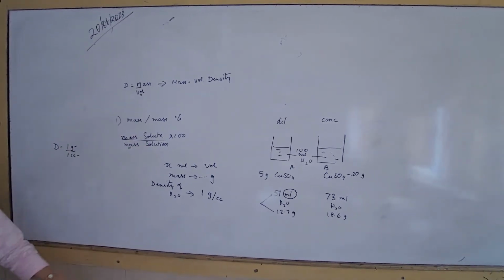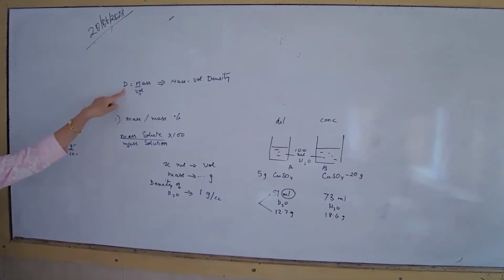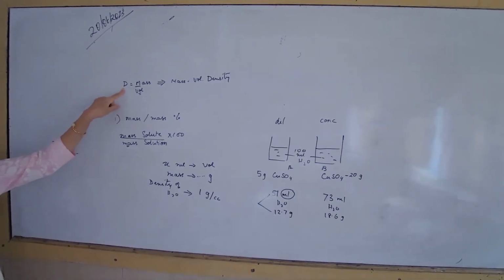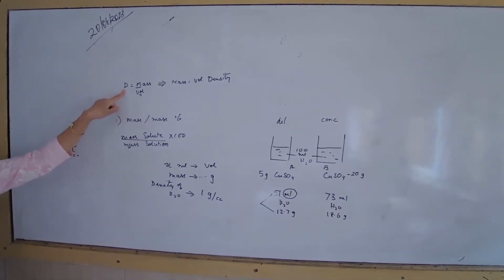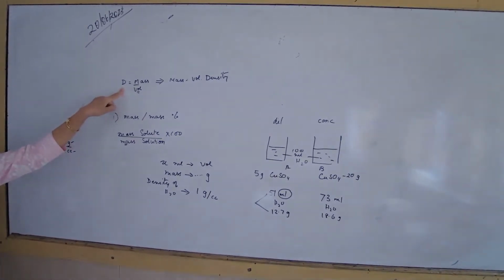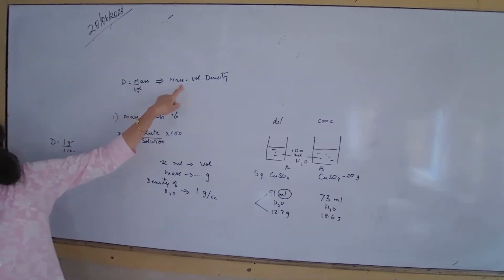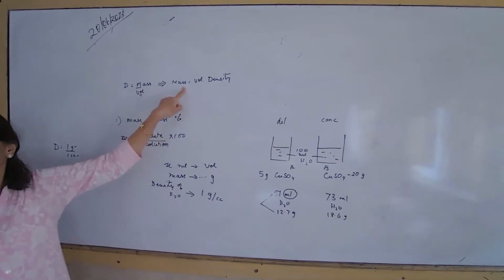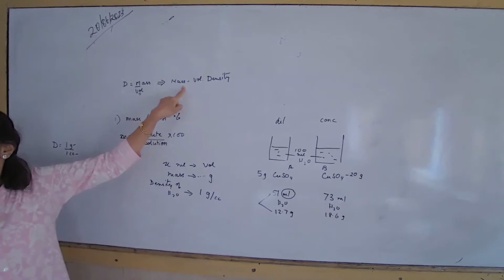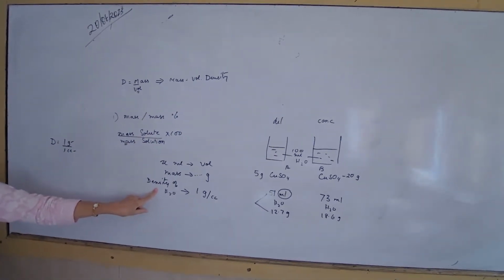Another very important formula which I told you right now is, write down this. It may not be given in your textbook, but write down, very important. Density is equal to mass upon volume. Using this you can also find out mass is equal to volume times density. And another very useful information that you need to know is the density of water.